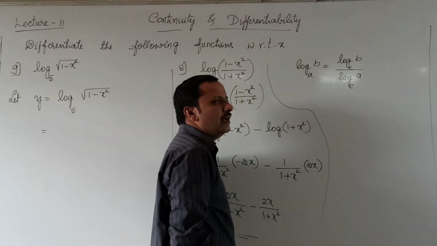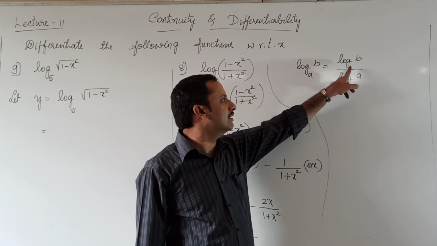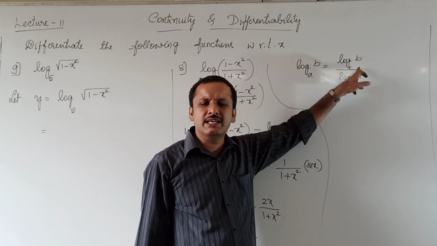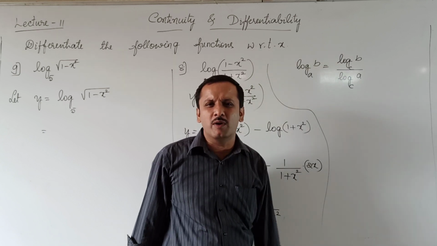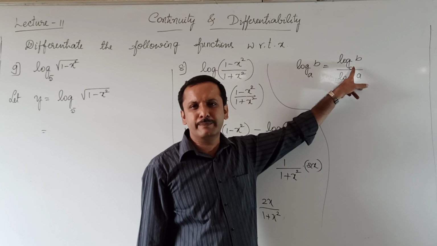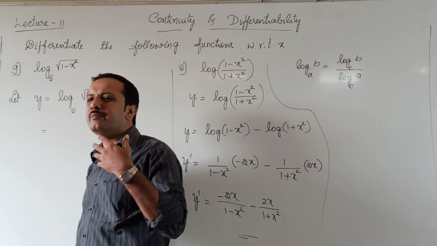I also mentioned that c can be anything, whatever base you want, but you should ensure that the two bases are the same. Here I want the base as e.